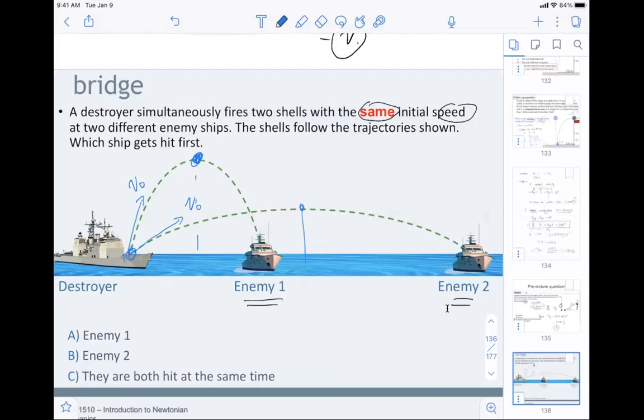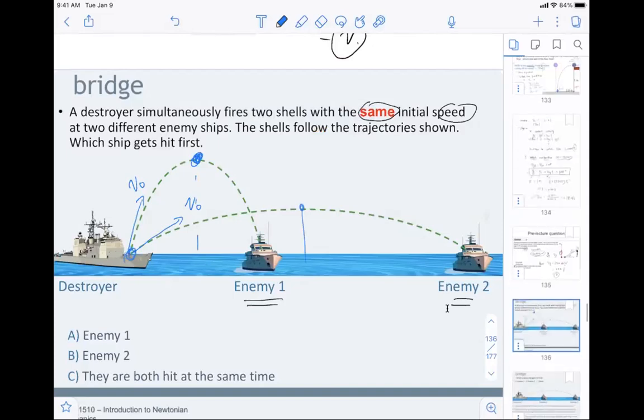Very good. We could also analyze this by looking at the velocity graph, which is going to give me the same information. Now, I'm going to put some labels on it. So let's say this is theta 1, that hits enemy 1. This is a different angle, theta 2, that hits enemy 2. So to calculate the total time it takes, because it's symmetric, from here to here the time is T1.